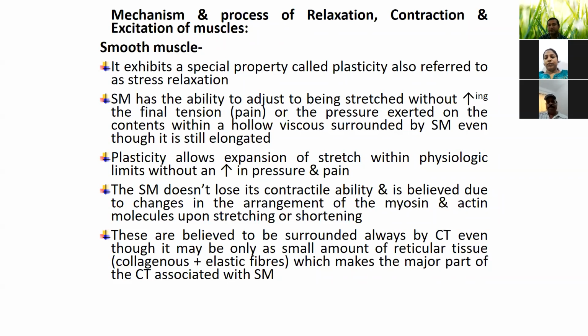So this smooth muscle doesn't lose its contractility, and it is believed that this is due to changes in the arrangement of the myosin and actin molecules. Because, as we have studied previously, for relaxation or contraction of any type of muscle, these myosin and actin filaments are very much responsible.